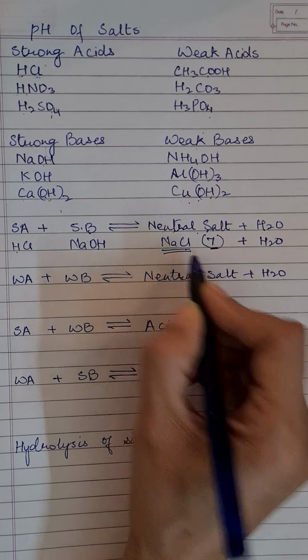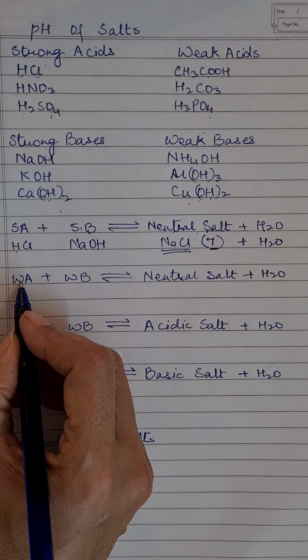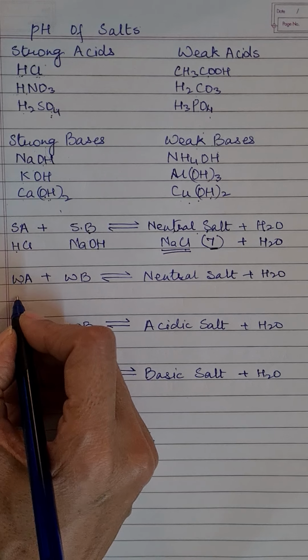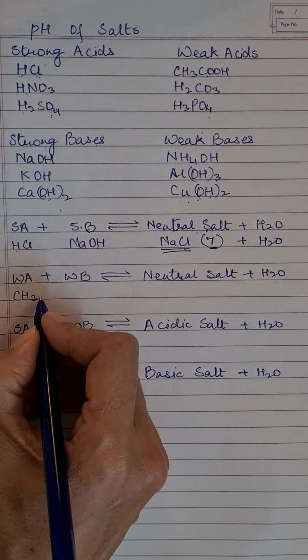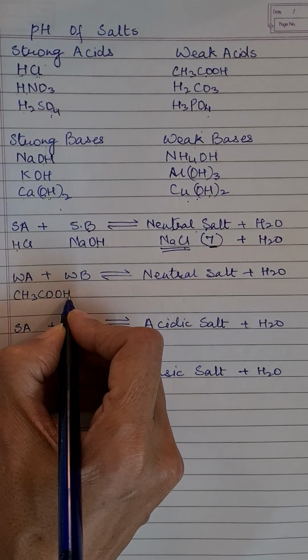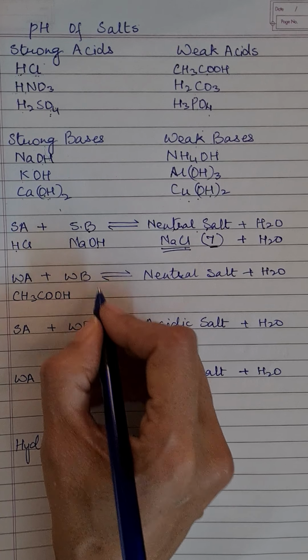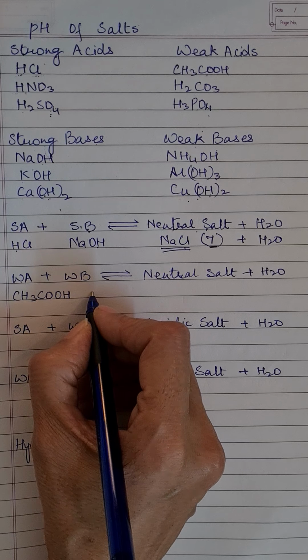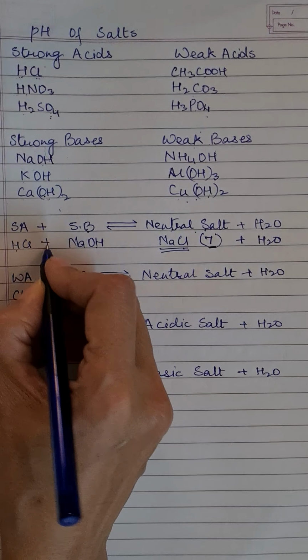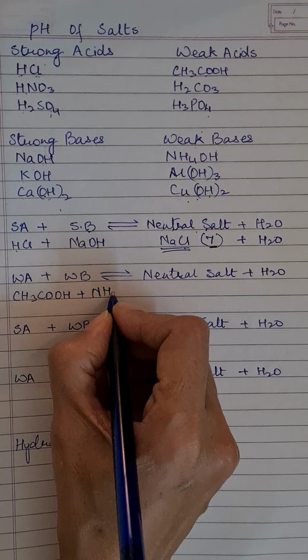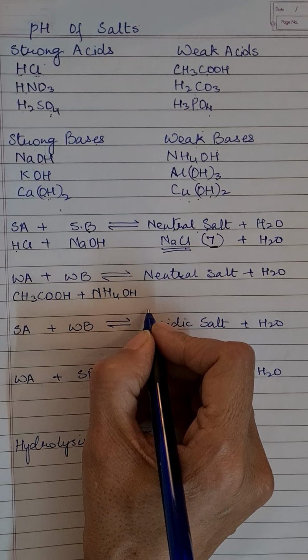Similarly, when a weak acid, let's take the example of acetic acid, CH3COOH, combines with a weak base, for example ammonium hydroxide, what would happen?